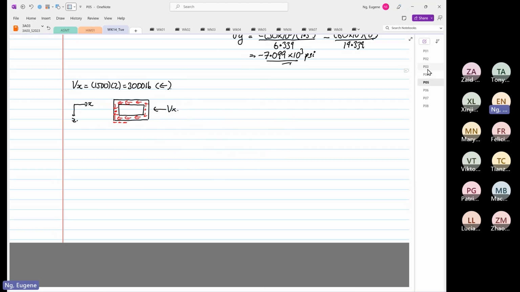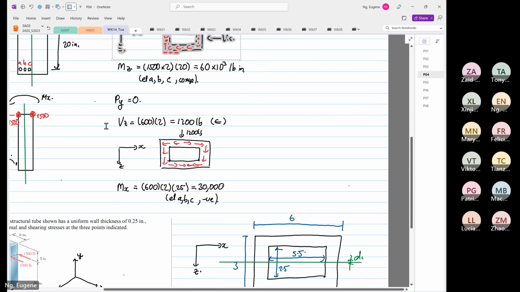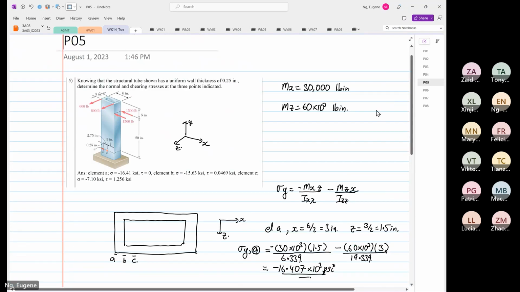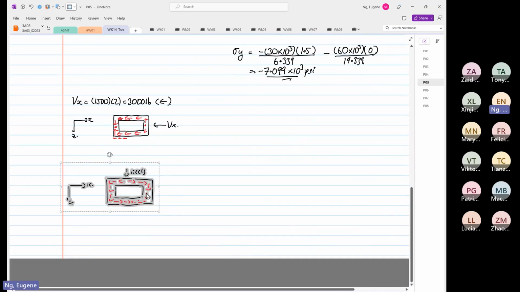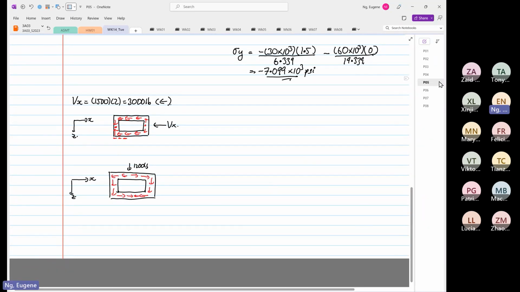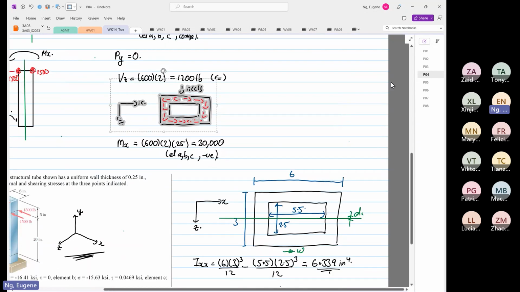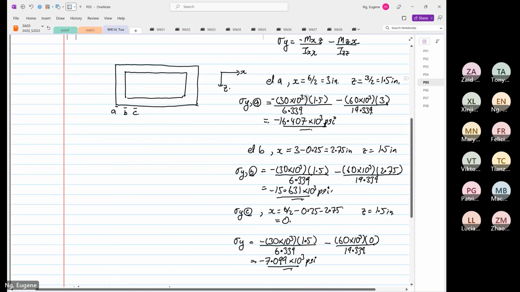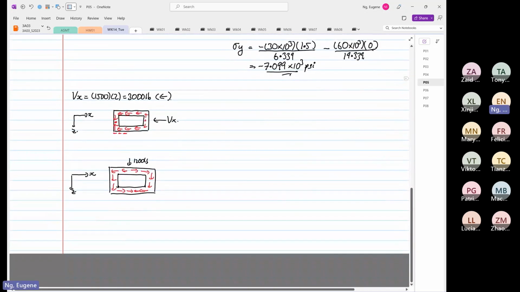And then this is our Vy. Or this is our, I cannot remember. I think this is our Vz. So our Vz, just to get the values over, it's equal to 1200. So we know that Vz is equal to 1200 pounds.